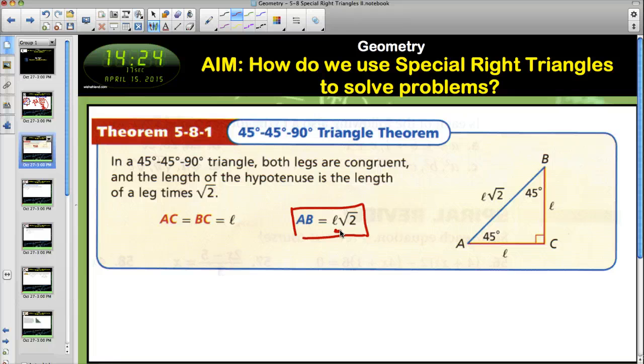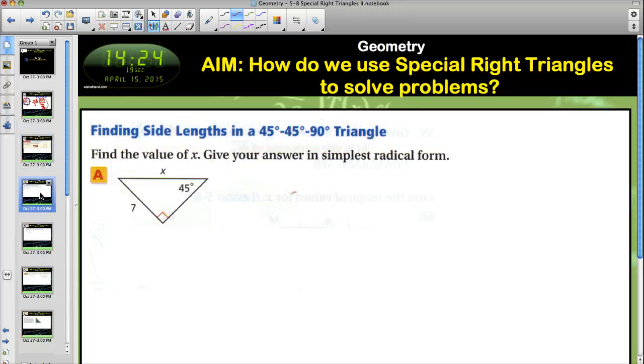Okay, so let's see how that applies to a typical problem: finding the side lengths of a 45-45-90 triangle. The question reads, find the value of x. This is my goal: find out what x is equal to, in other words, solve. Give your answer in simplest radical form. My approach for all these problems is the same. The very first thing I want to do is mark up the triangle.